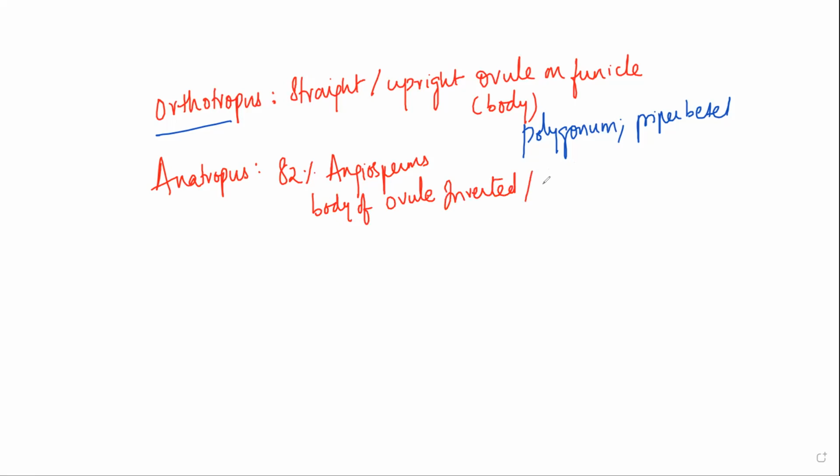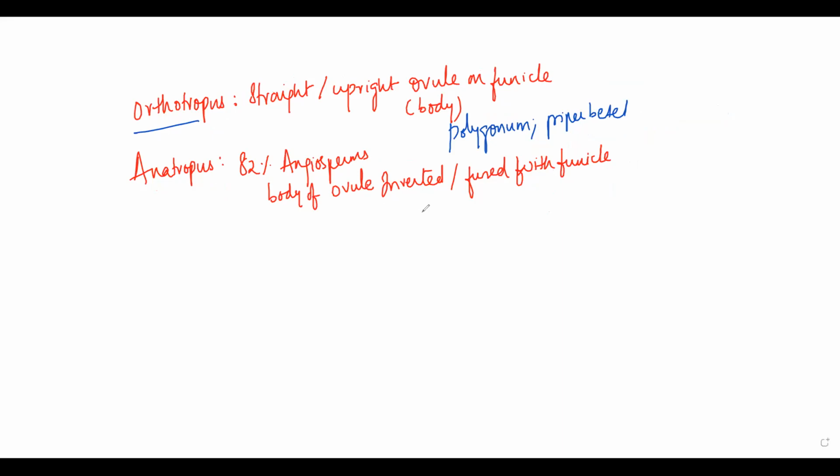And it gets fused with the funicle. This is important to remember here. And what are the examples found here, children? Examples are going to be most of the angiosperms around us.